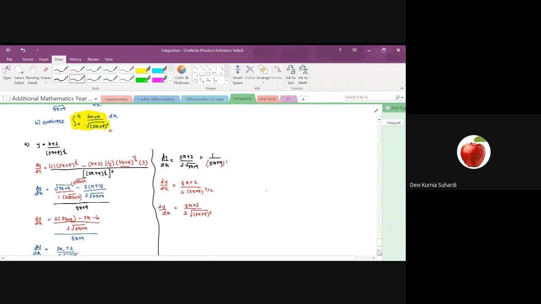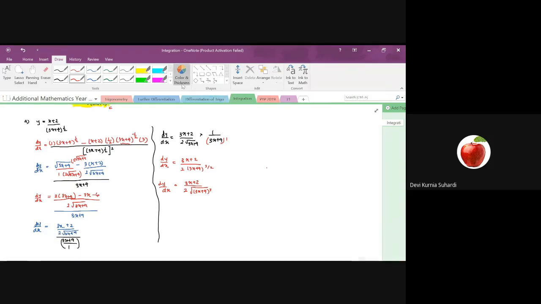Okay? So now, if differentiation of this will give me this, therefore if I want to go back, reverse it, I have to integrate, right? So meaning integration of (3x plus 2) over 2 square root of (3x plus 4) cubed, integration of this should give me the result of this one, the original one.